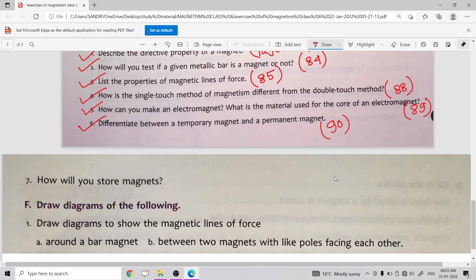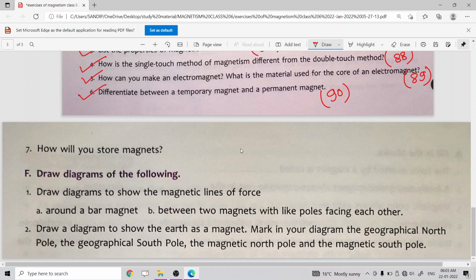Now we move to our next question, that is, how will you store magnets? You can get this question from page number 91. If the poles of magnets are left free for a long time, they tend to become weaker.